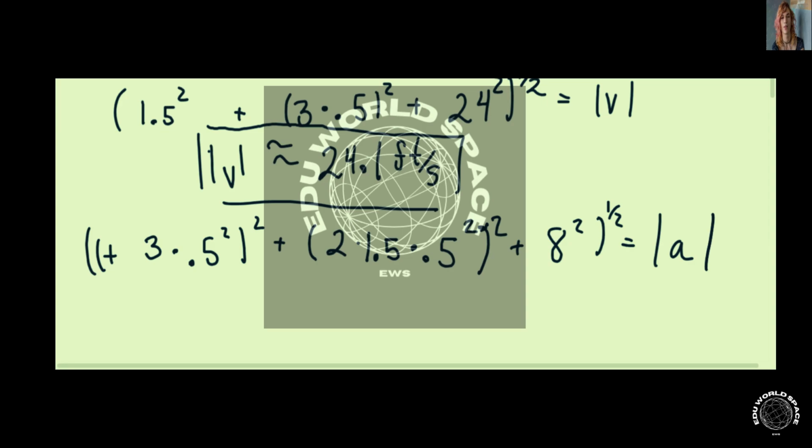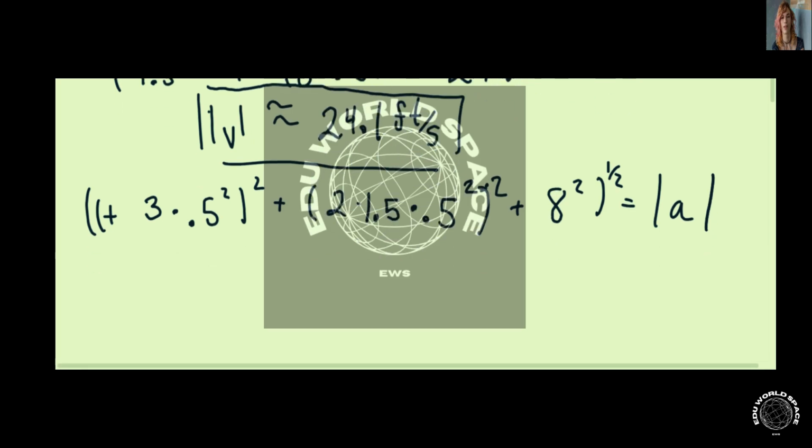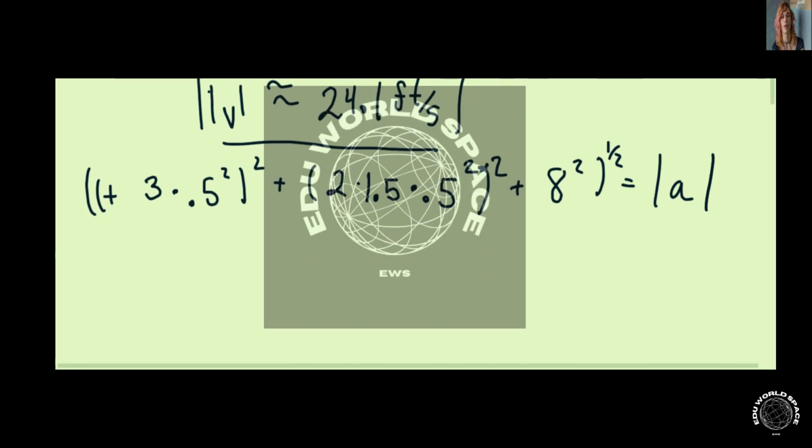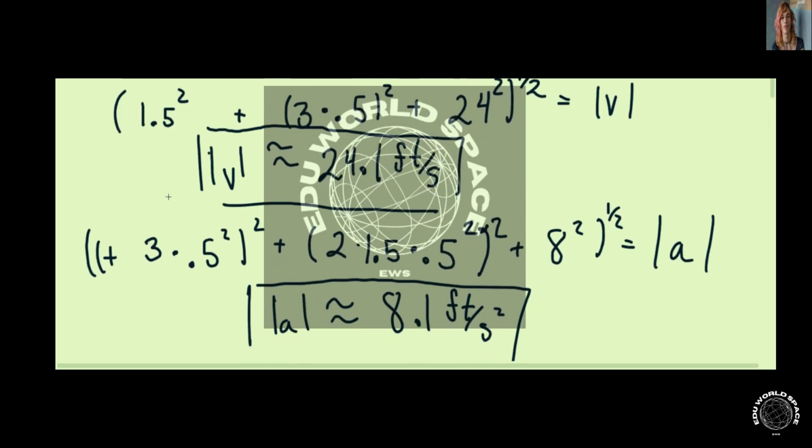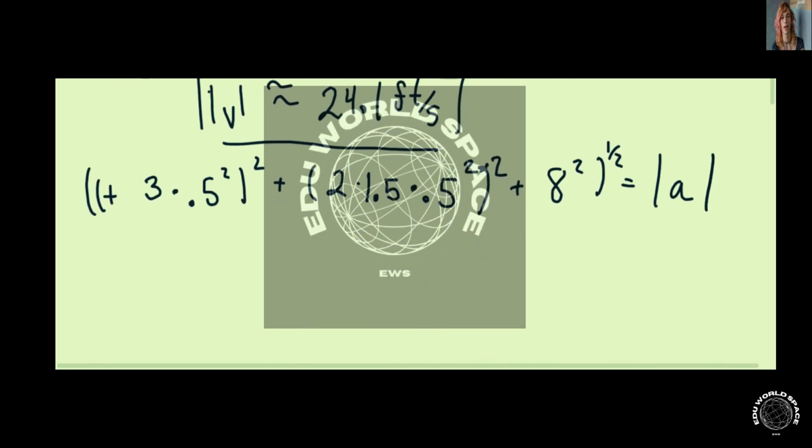So we can go ahead and plug that all in. So that's quantity 3 times 0.5 squared, plus quantity 2 times 1.5 times 0.5 squared, closed quantity squared, plus 8 squared, and all of that to the power of 1/2 to square root it.